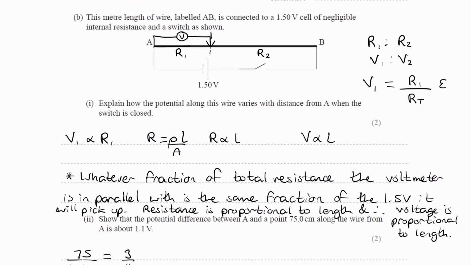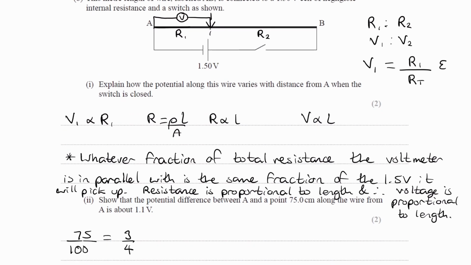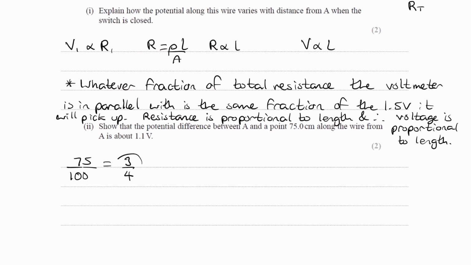The voltage available is 1.5 volts. The voltmeter is in parallel with 3/4 of the total resistance, and therefore picks up 3/4 of the available voltage, which would be 1.125 volts.